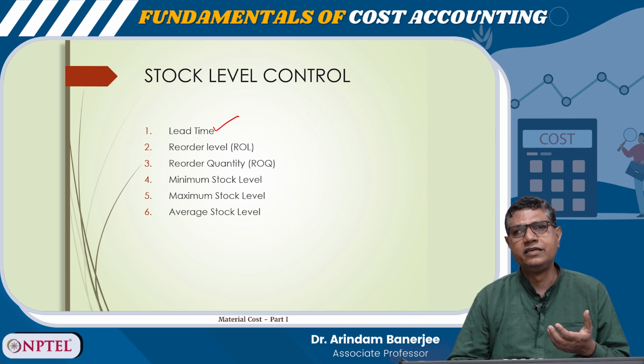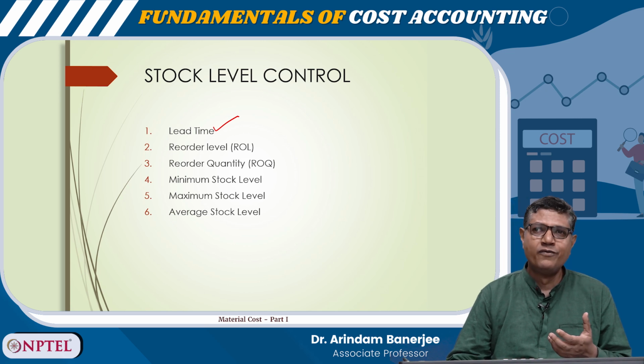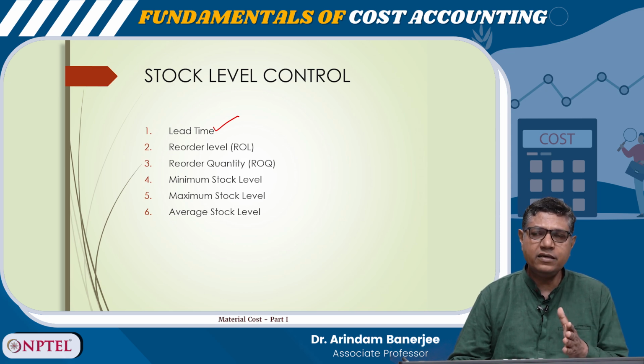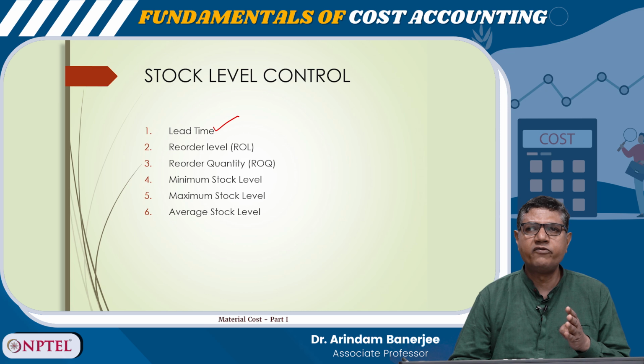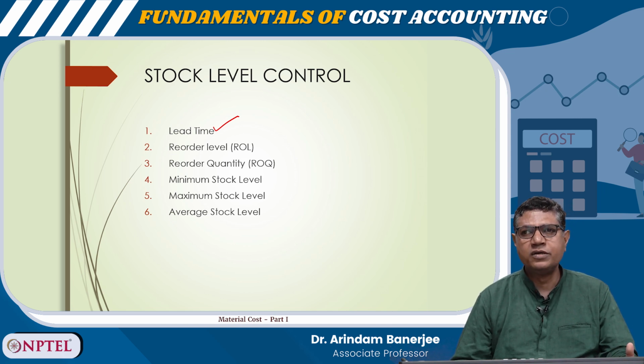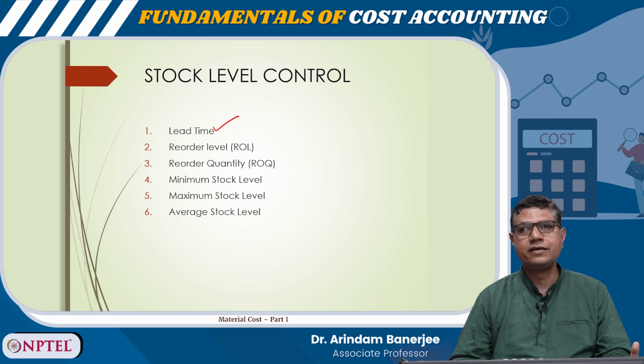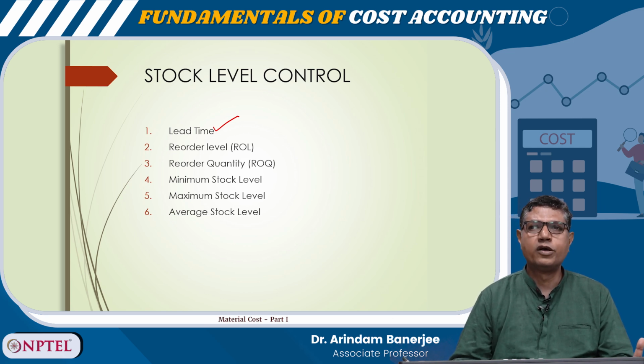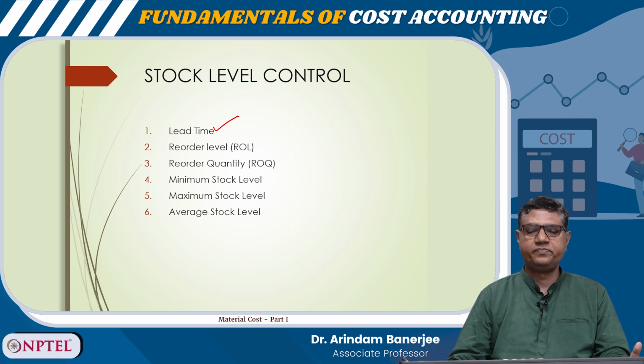So, in such a case the lead time may be quite low, but if it is to be imported from abroad, the lead time can be very high. So, for planning an acquisition of materials it is very important, because if at any point of time the store runs out of stock, then it can create a serious problem in the production process, and it can hamper the profitability of the company.